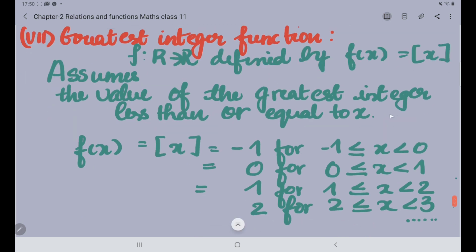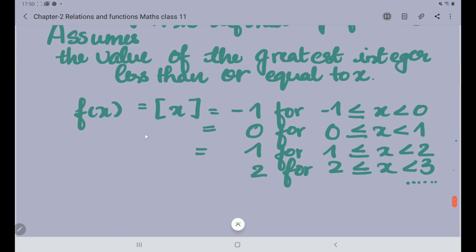Let's take an example, then you will understand more. f of x is equal to x in square brackets. Its value is minus 1 if x is in the range minus 1 to 0. You can see that 0 is not included and minus 1 is included. So it takes the value of the greatest integer that is less than or equal to x.